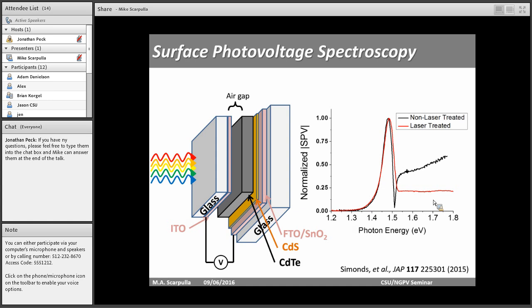The signal was due to the junction, or the depletion width, formed by the surface states at the free surface, which we usually call the back surface. Because its electric field direction is opposite to that of the main cadmium sulfide, cadmium telluride junction, its phase was reversed. I'm sorry, I misspoke there.